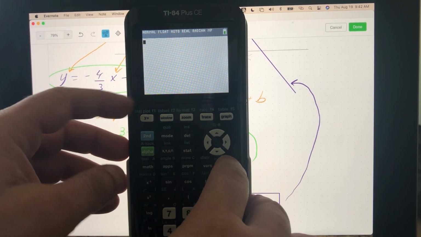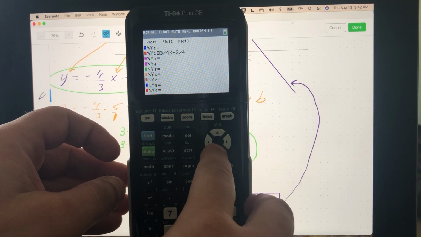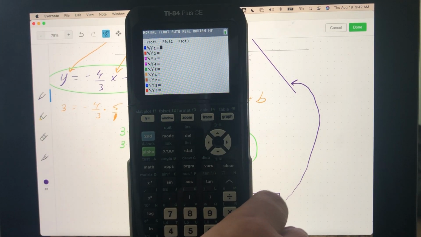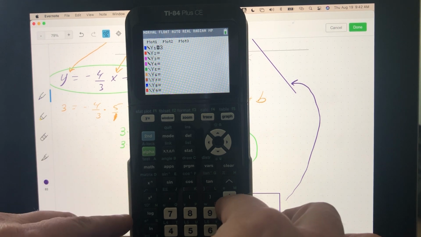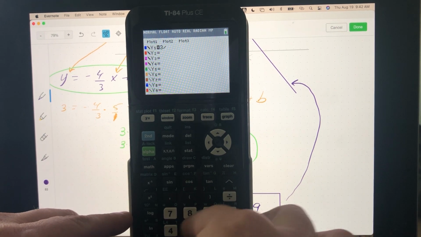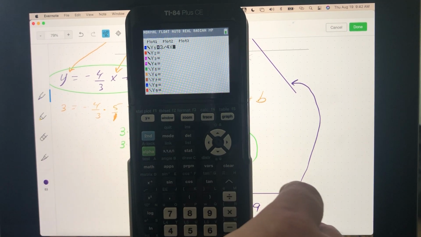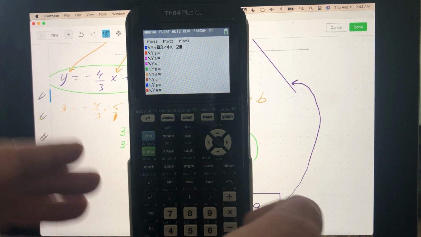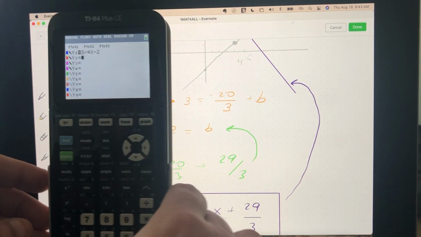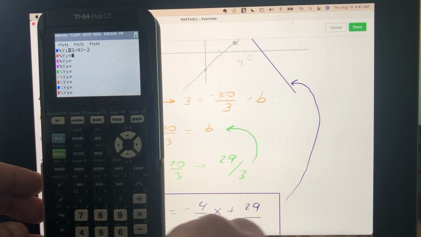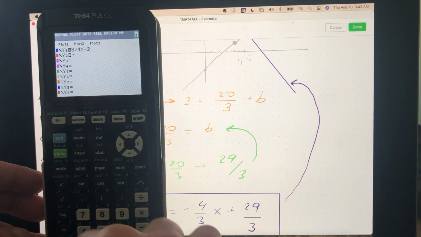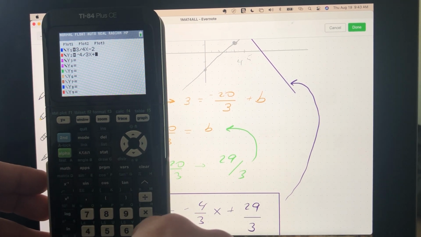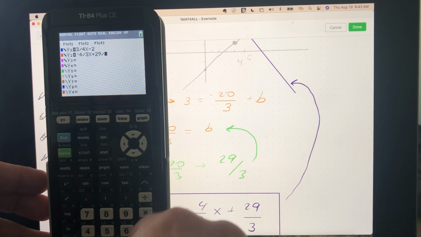We type in the original equation first, which is 3 divided by 4 x, then minus 2. And the new equation that we just came up with is here: negative 4 thirds x plus 29 thirds.